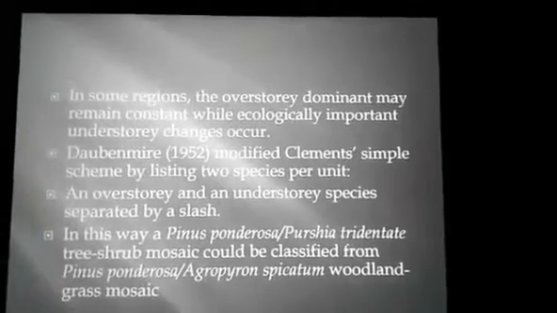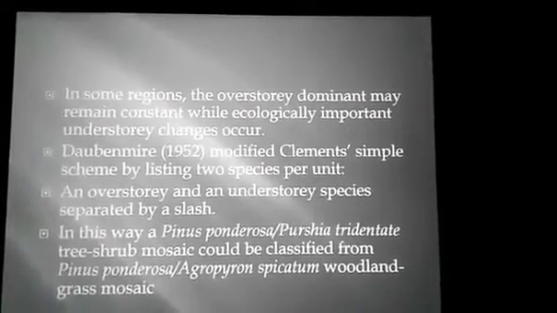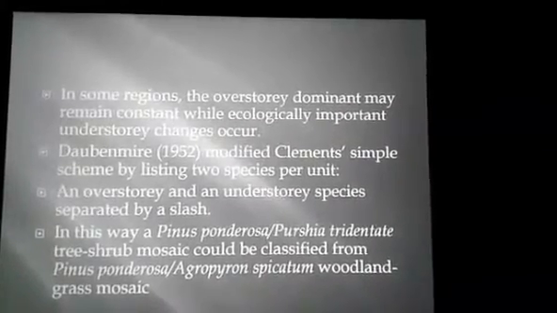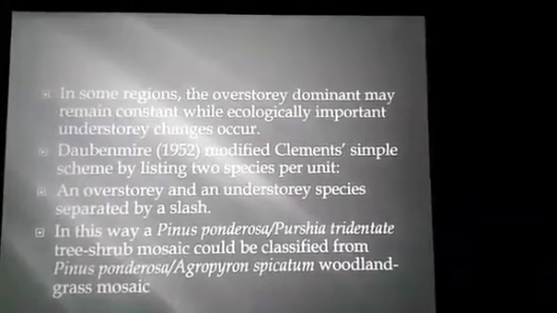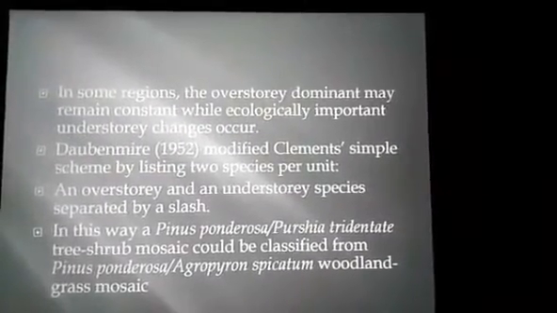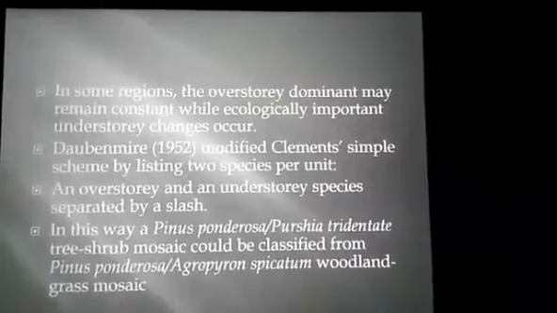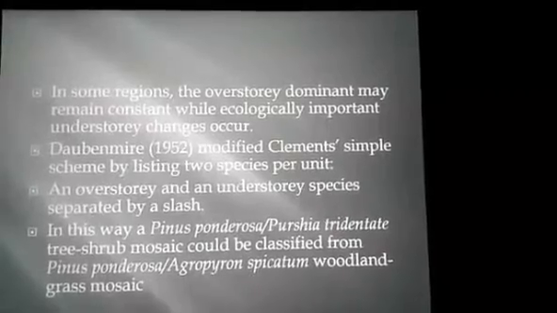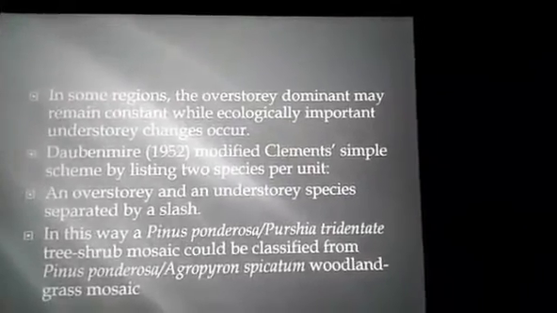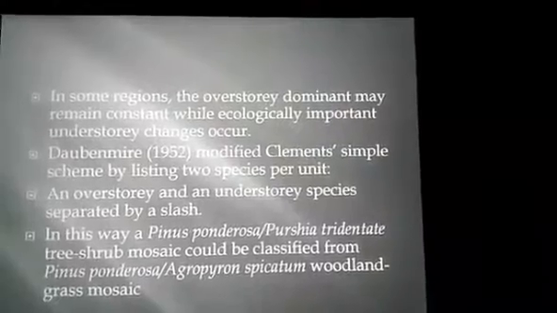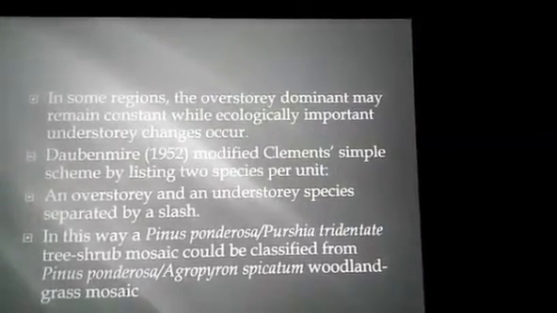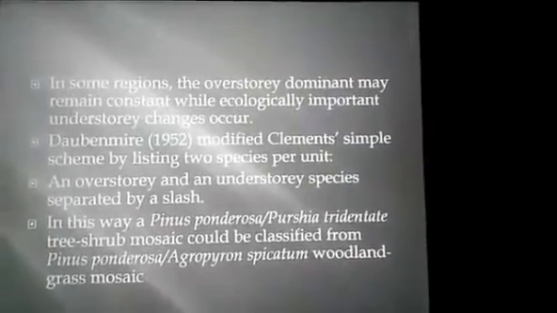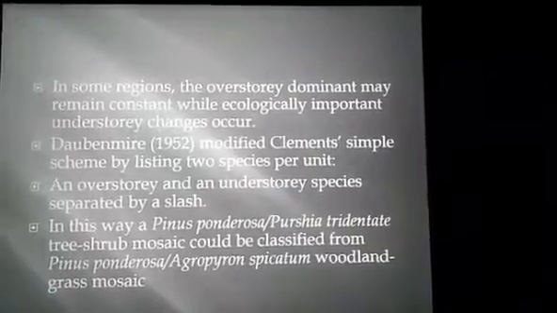But then Daubenmire came and tried to classify vegetation by looking at two species, the overstory species and also the understory species. So if you have marula vegetation dominating an area, which is an overstory species, we are also going to look at what is found underneath that particular vegetation dominated by marula, which means we're going to look for herbs and shrubs.